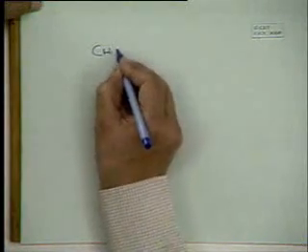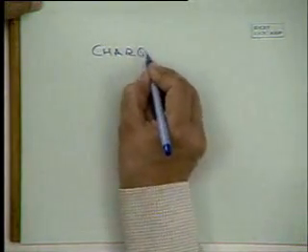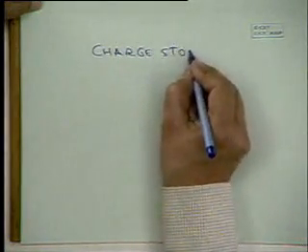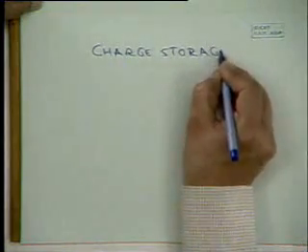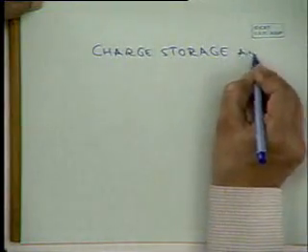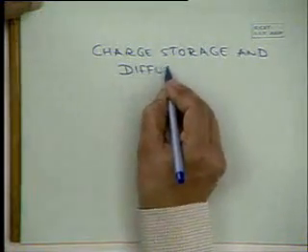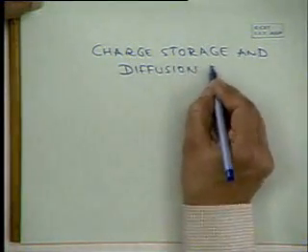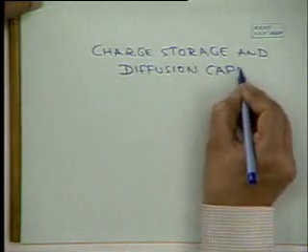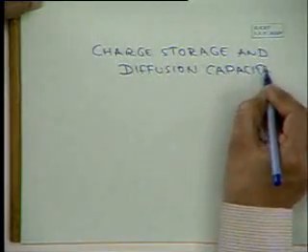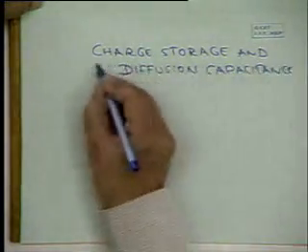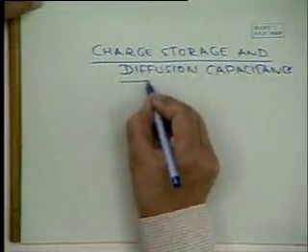Let's look at the effects of the first factor, the effects of charge storage and diffusion capacitance. These devices are operated at forward bias, right? When the minority carriers are injected.